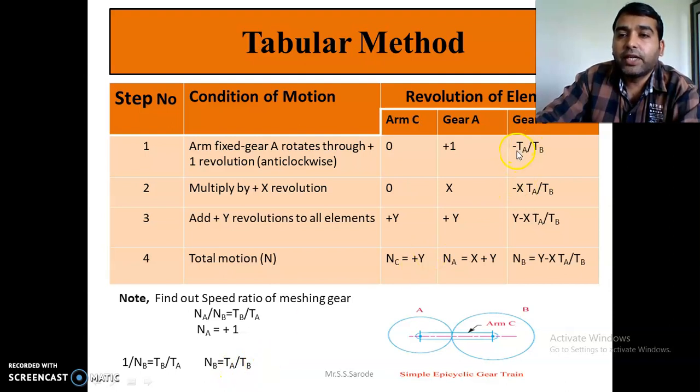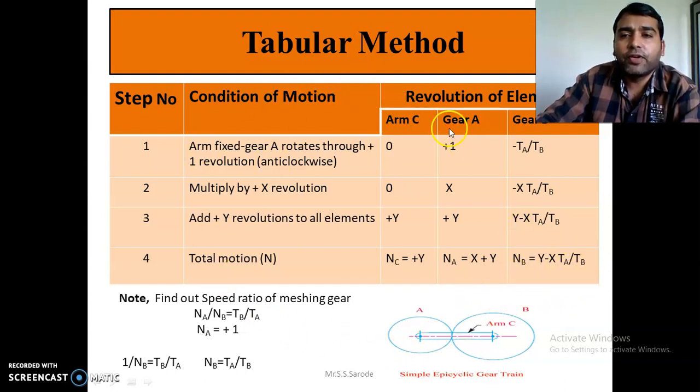But why this negative sign? Because A is rotated in the anti-clockwise direction, having sign plus, so obviously gear B is rotated in the clockwise direction, so its sign is negative. Multiply by x, add y, and the total speed of gear B is equal to y minus x TA upon TB. So this is the tabular method.